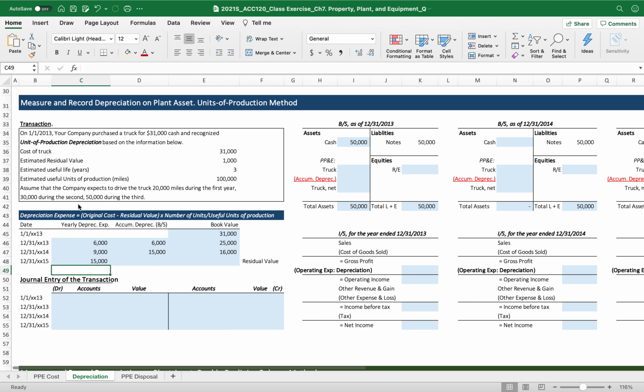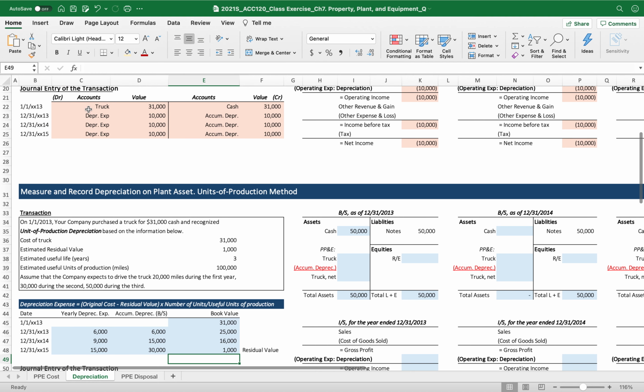So $15,000 is the depreciation expense based on the actual use of this asset. And then we accumulate this depreciation into the accumulated depreciation so far. And then the book value should be the same as the residual value at the end of the year, $1,000. Good.